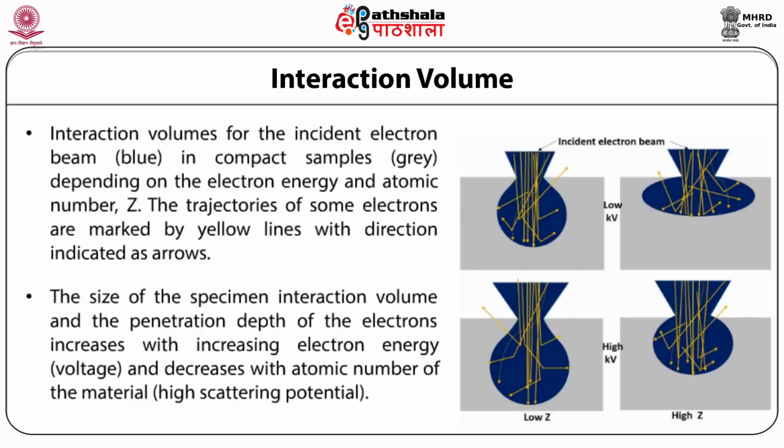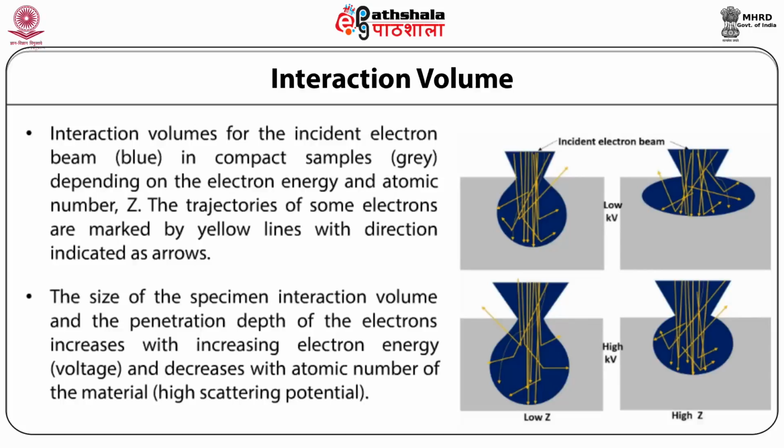Although the probability of such events is quite small, a lot of them appear if the sample is thick, that is, if the path of the electron through the sample is long. The smaller the energy of the electron, the higher the likelihood of its absorption in the sample becomes. However, some of the incoming electrons are even backscattered.